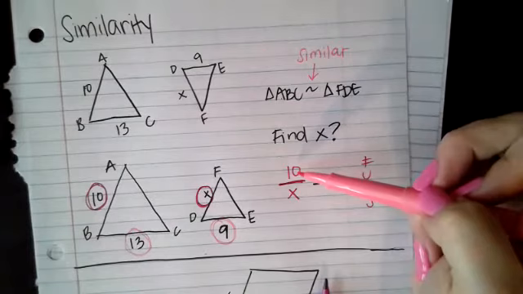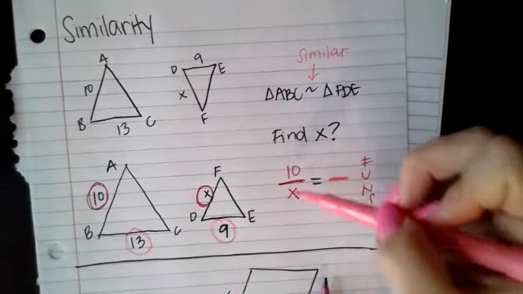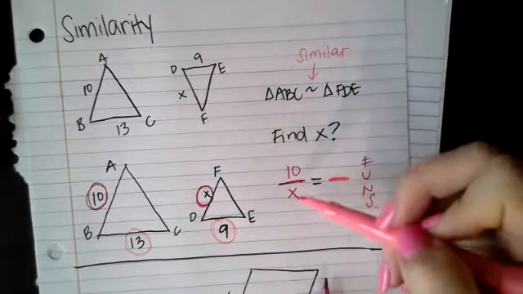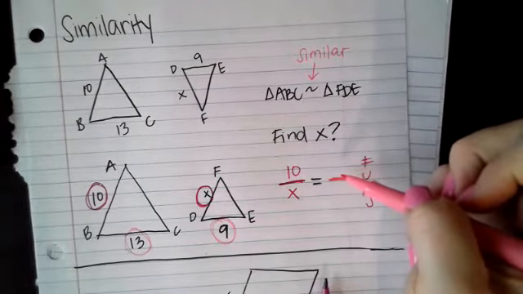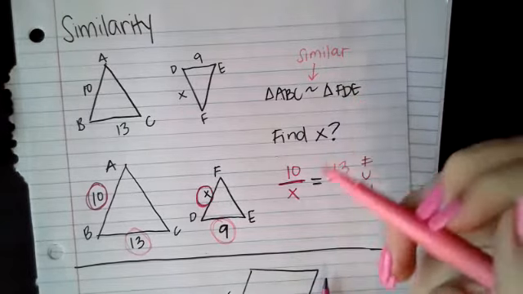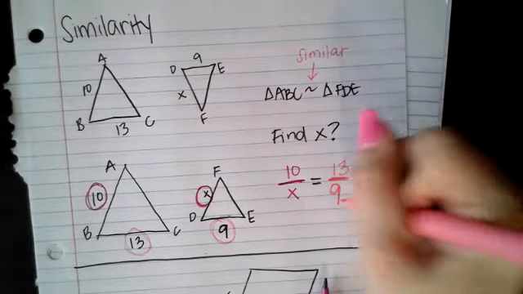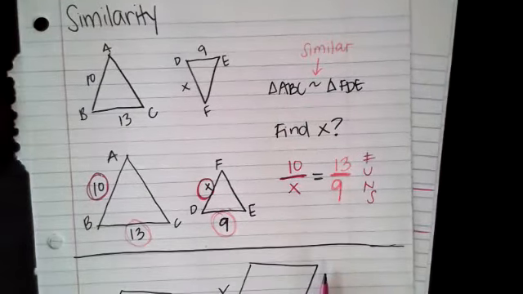I put 10 from triangle ABC on top, and then I put x from triangle FDE on the bottom. So I need to put the measurement for triangle ABC on the top here, which is 13. And then I'm going to put its corresponding side for the smaller triangle, 9, here. So now I have a proportion. 10 over x is equal to 13 over 9.